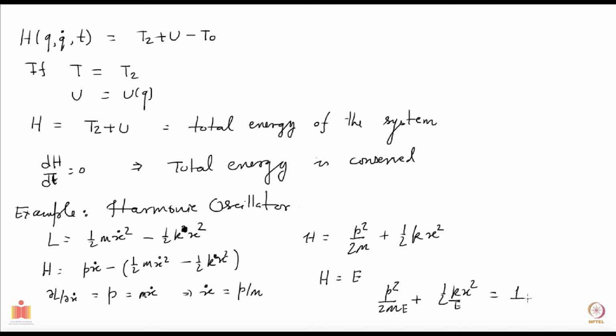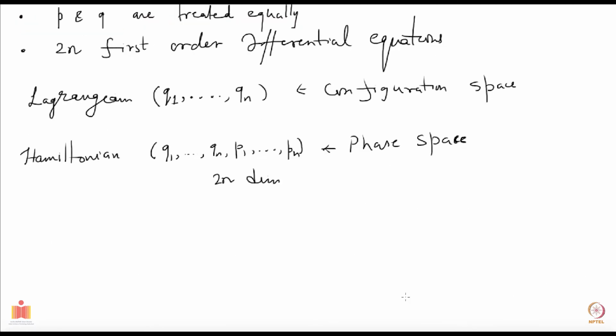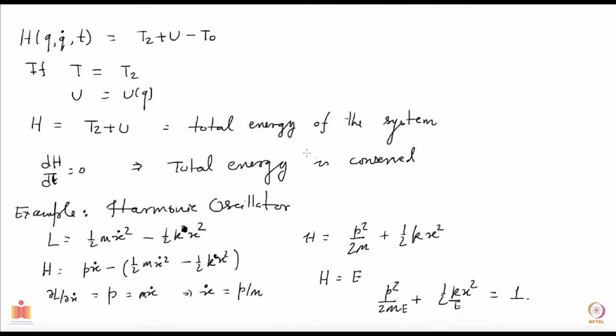Now we can ask how things look in phase space. You remember we introduced phase space. This was the 2n dimensional space in which you have the axes q1, q2, and so forth, and p1, p2, and so forth. So for a one dimensional harmonic oscillator, which we have just looked at, the phase space is how many dimensions?